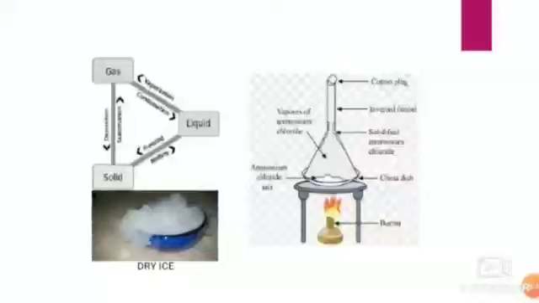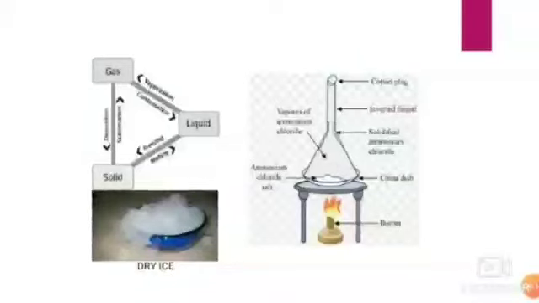On heating the mixture of ammonium chloride and salt, all the ammonium chloride will convert into vapors and go near the mouth of the funnel, near the cotton plug. But because the cotton plug is there, it will not be able to escape outside. So the opposite will happen.